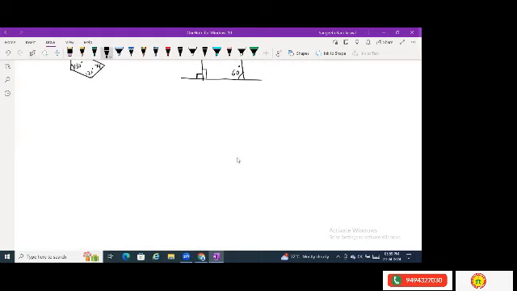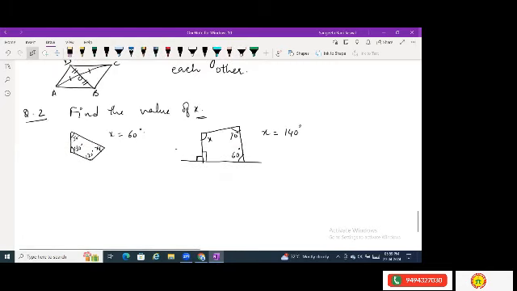Could you scroll up a little bit, ma'am? Okay, so you have another shape here like this, and like this. This angle is given to be 70 degrees. This is 60 degrees. This angle is x. This angle is x.